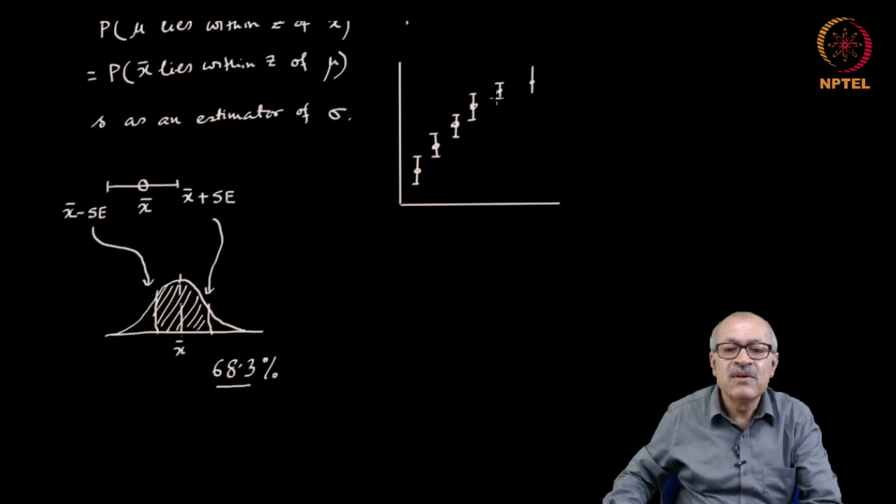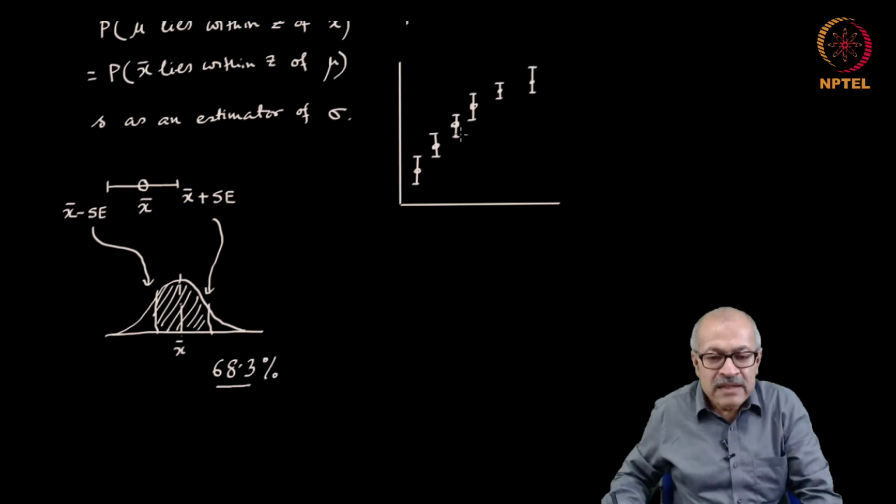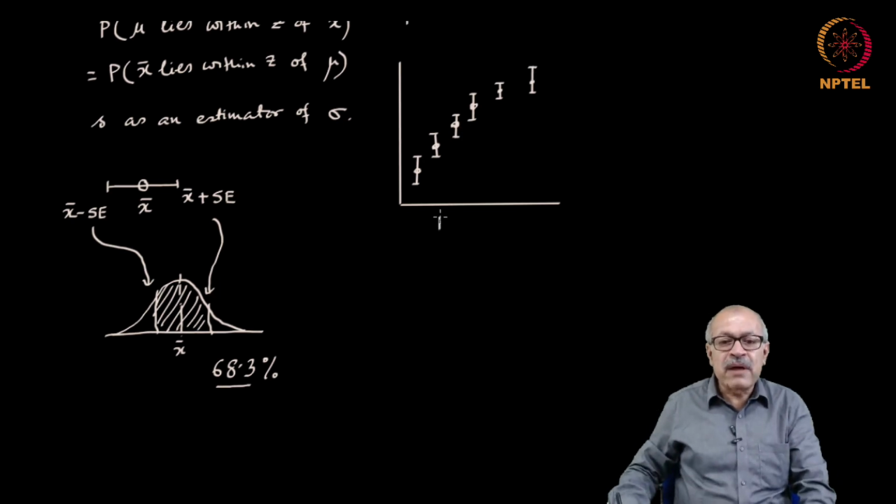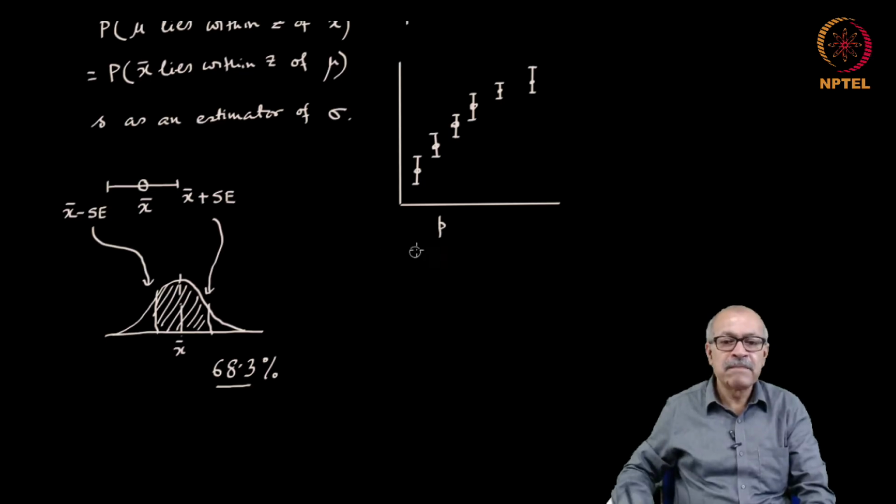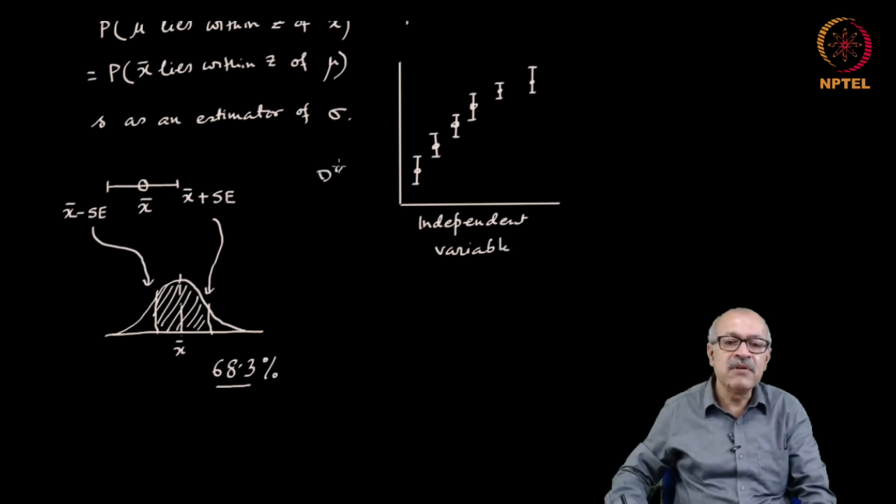So, this is how the graphs are actually drawn. This means here is, suppose, a parameter or an independent variable, I would rather say, and here is a dependent variable.